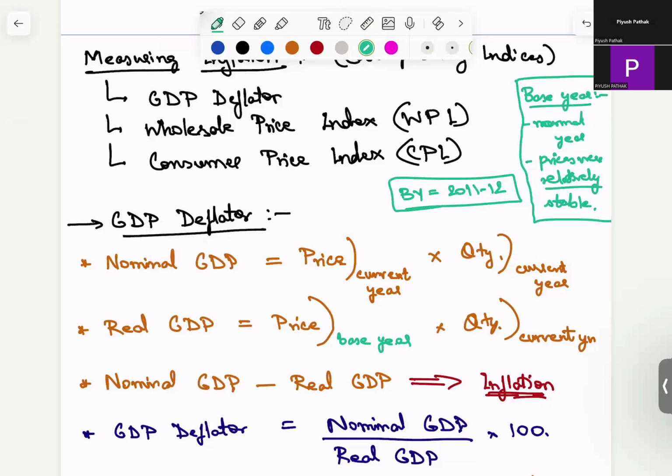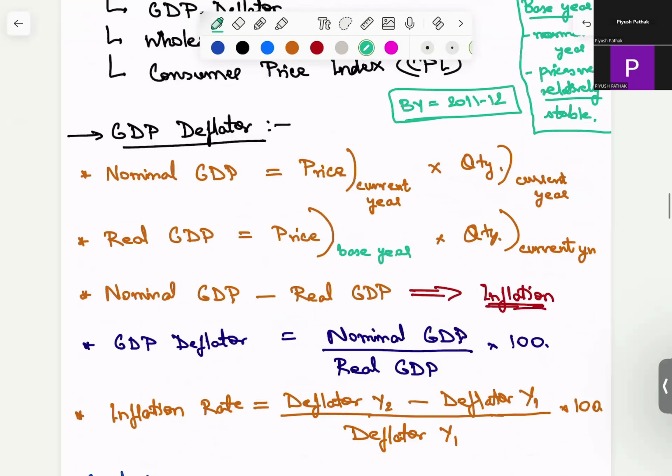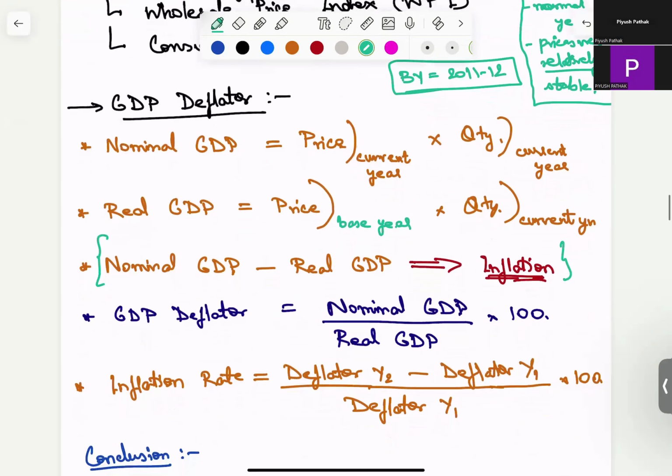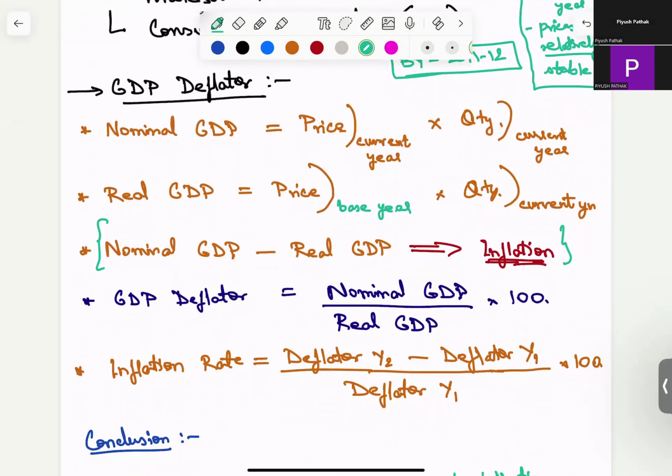Anyways, coming back. This is one definition which is mentioned by Ashok sir in his PPT, but I believe it is just a simplistic assumption, not a correct definition. It says that the difference between nominal GDP and real GDP is inflation.